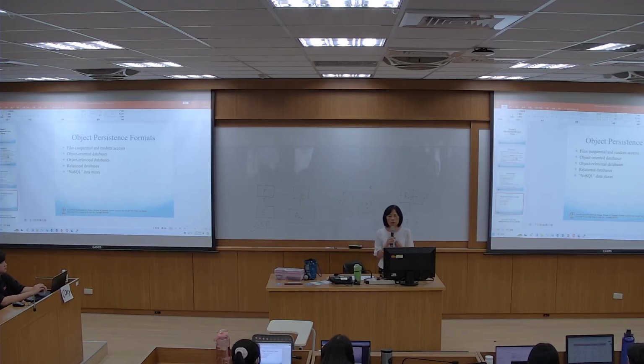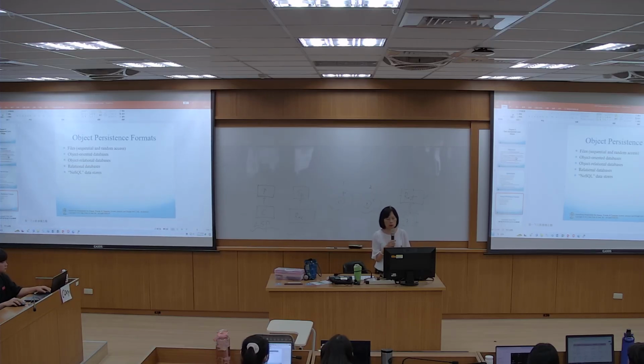Even though we use objects to create the data, we might use different data formats, or what we call object persistence. So we might want to convert from the object to other formats.